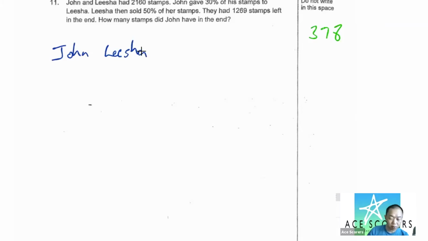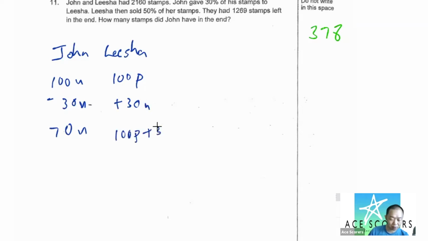So let's say John had 100 units and Leisha started with 100 parts. John gave 30% to Leisha. So minus 30 units, left 70 units. So here we must plus 30 units. After adding 30 units, it becomes 100 parts plus 30 units.